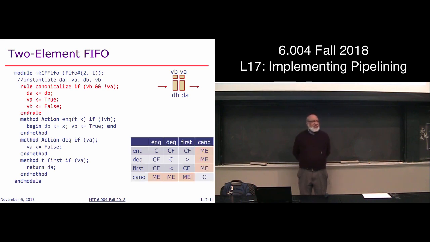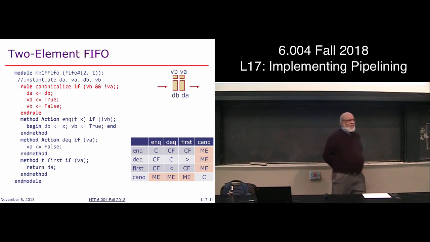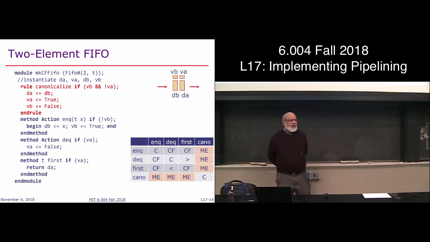Now let's also add the canonicalization rule. What is the conflict of these methods with the canonicalization rule? It is not so cool, but it is what it is. So you're seeing that it is mutually exclusive. How did I analyze it so fast? Can somebody tell me why NQ is mutually exclusive with canonicalize, that they cannot be enabled at the same time?